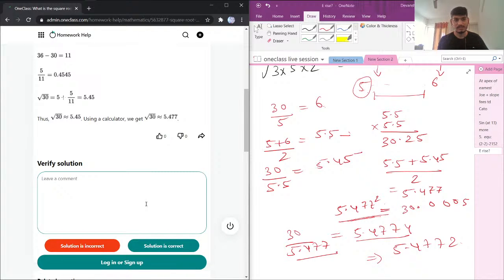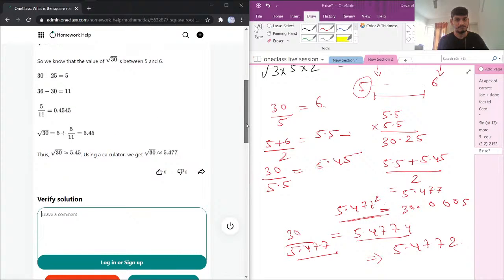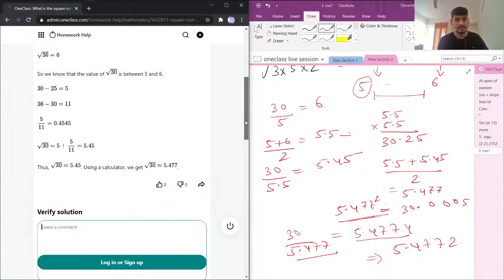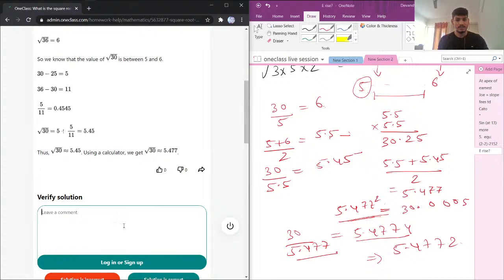In this case, we can write that the solution is having some error, and 36 minus 30 is not equal to 11.